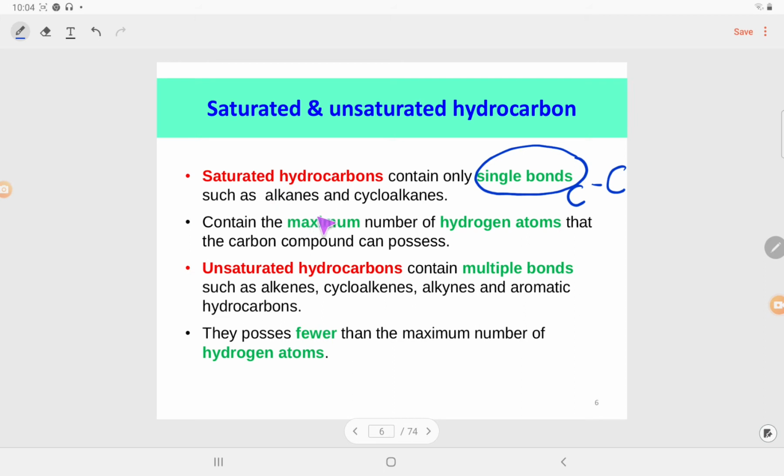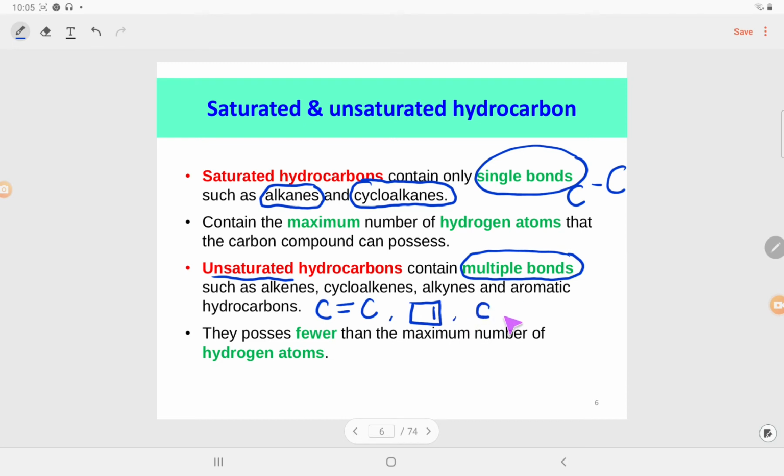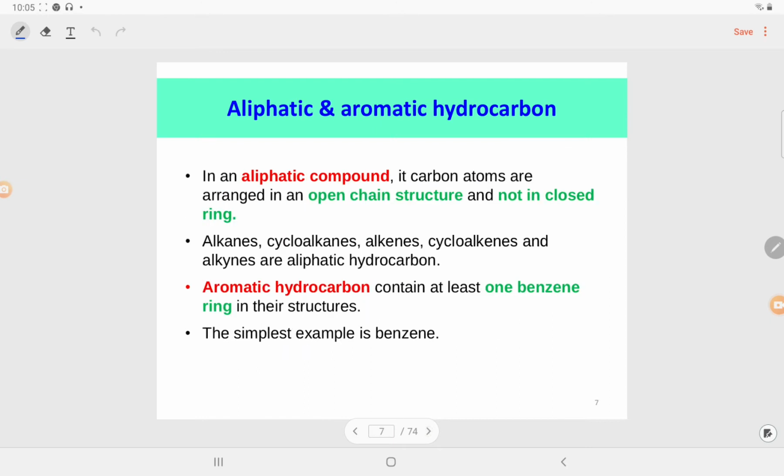So according to the saturated, you must have carbon single bond, and we can classify this as a homologous series of alkanes or cycloalkanes. Then the unsaturated must consist of multiple bonds, either carbon-carbon double bond, as in alkenes and cycloalkenes, carbon-carbon triple bond, and also the aromatic hydrocarbon. Aliphatic compounds of the hydrocarbon means they must have an open chain, not a closed ring.